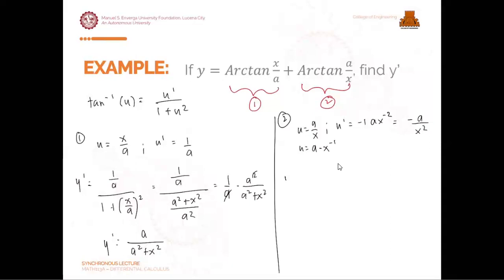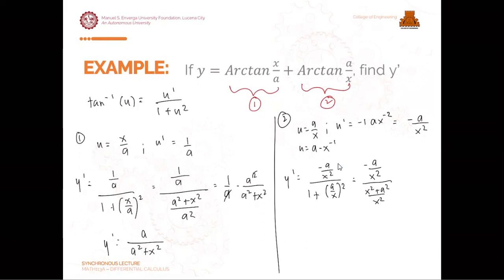So ang y prime natin for this one will be yung u prime na negative a over x squared all over 1 plus a over x squared. Okay? Then simplify, we have a over x squared all over, this will be x squared plus a squared.